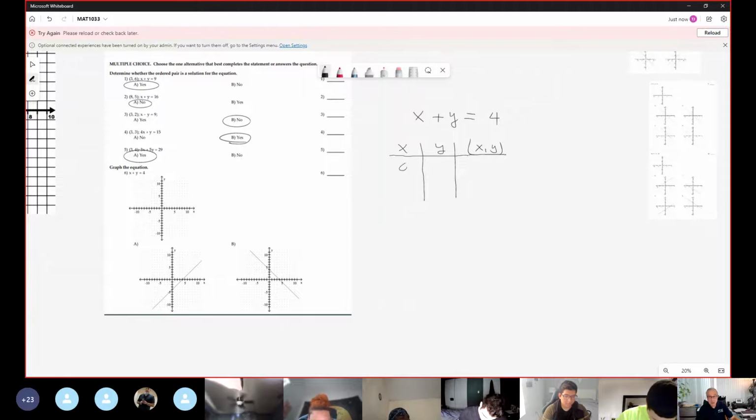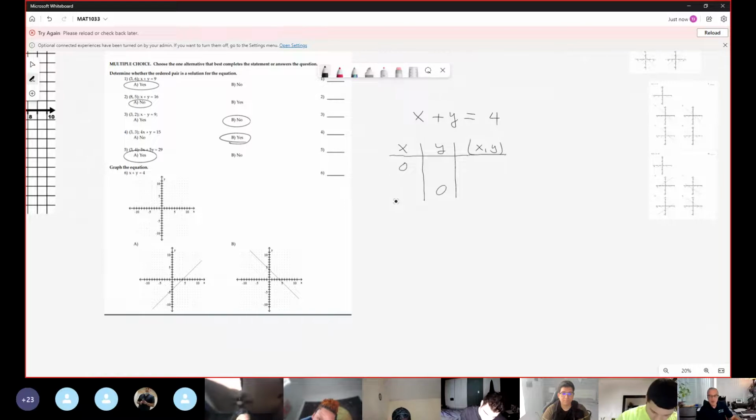I create 0 and 0 here because the intercept is the point at which the line crosses the axis, and when you cross the axis, at least one component is 0. If x is 0, you find the y-intercept. If y is 0, you find the x-intercept. And you just plug into the formula.